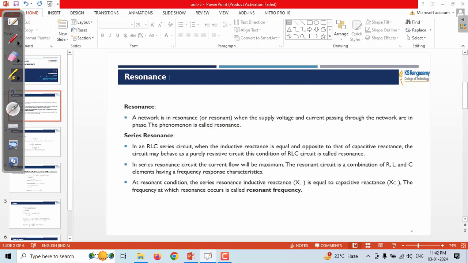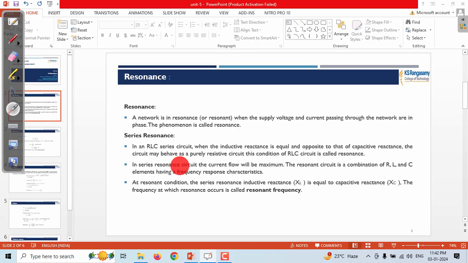So resonance occurs at a particular frequency when the inductive reactance is equal and opposite to the capacitive reactance. They cancel each other and the circuit behaves as a purely resistive circuit, in which the current and the supply voltage are in phase.